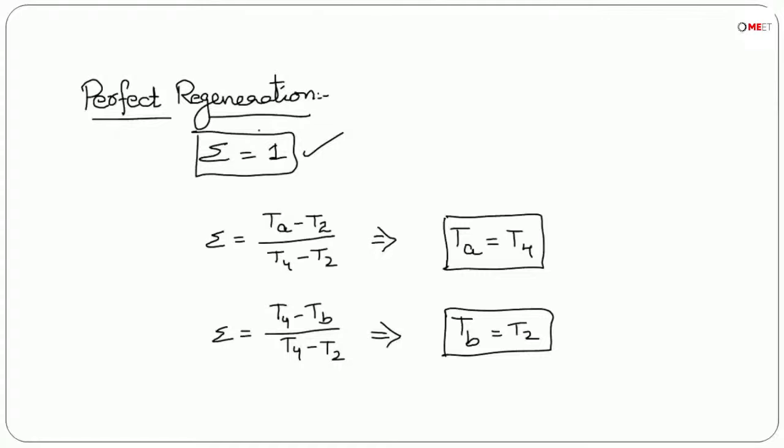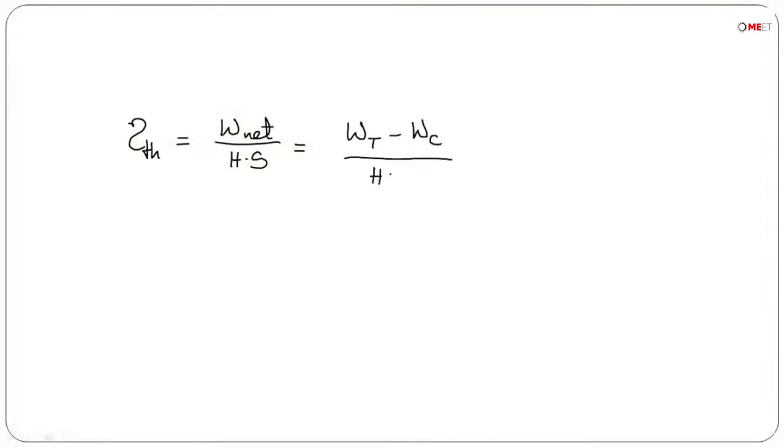Now, when we consider the perfect regeneration condition, the thermal efficiency is net work done by heat supplied. Net work done is turbine work minus compressor work, by heat supplied.